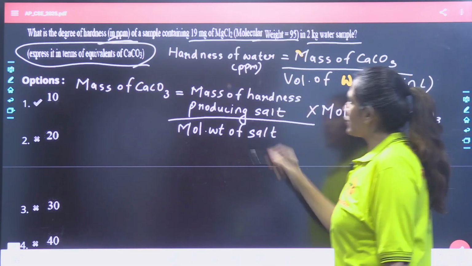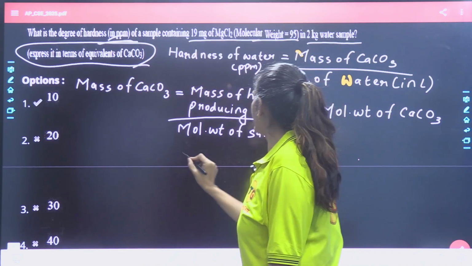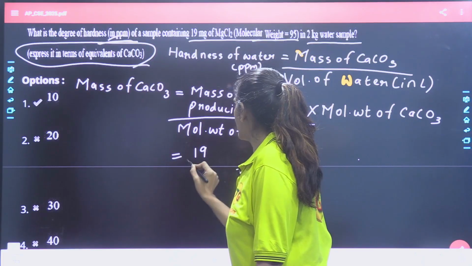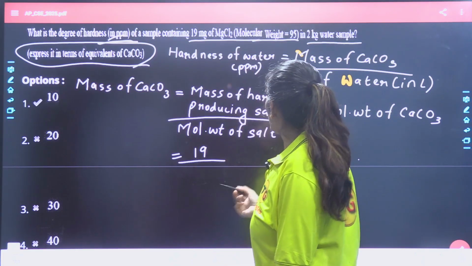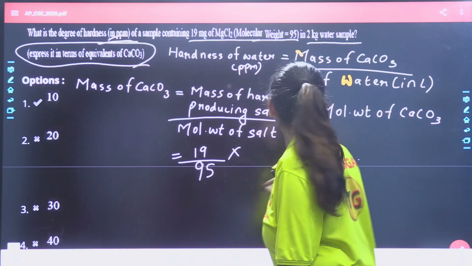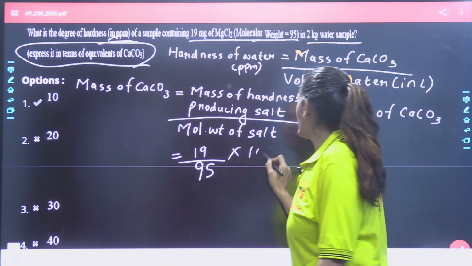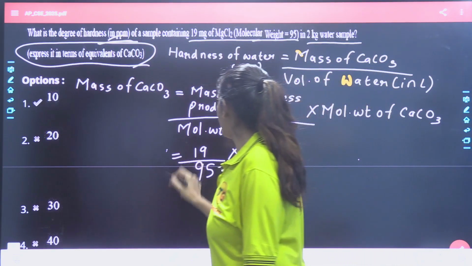Yes, we have all these values. The mass of the hardness producing salt is given to us as 19, divided by the molecular weight of the salt, which is 95, into the molecular weight of calcium carbonate, which is 100.